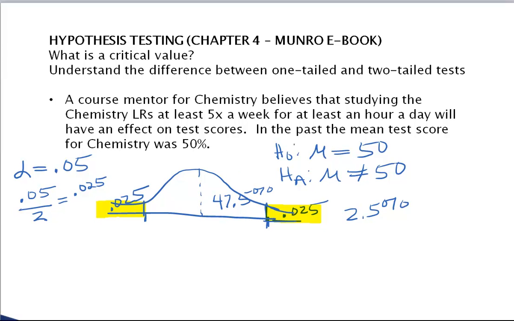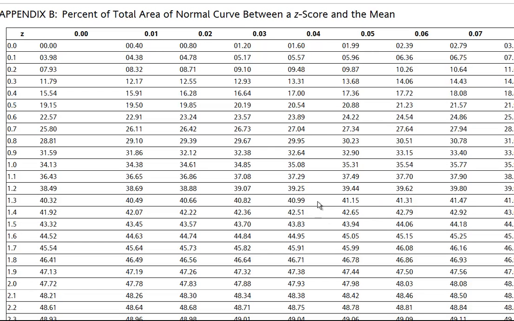And we always read the z-table for the z-scores. It tells us the area under the curve between the mean and the score. So we'd look this up. 47.5%.